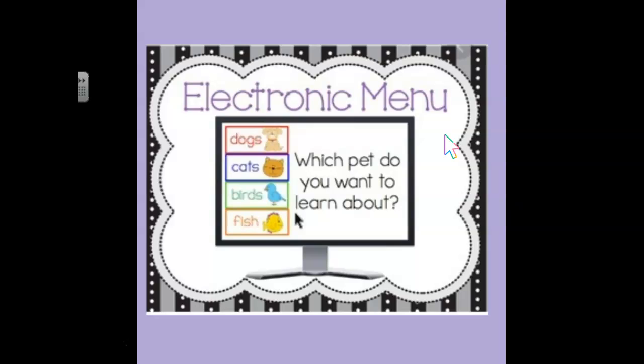So an electronic menu is a digital menu where you choose what you would like to do. All right, here is an electronic menu for pets. It's a website about pets. Which pet do you want to learn about? Dogs, cats, birds, fish. And you could click on the one you want.